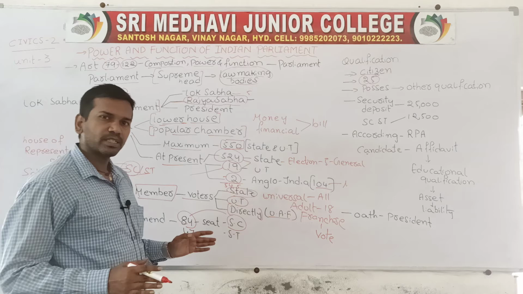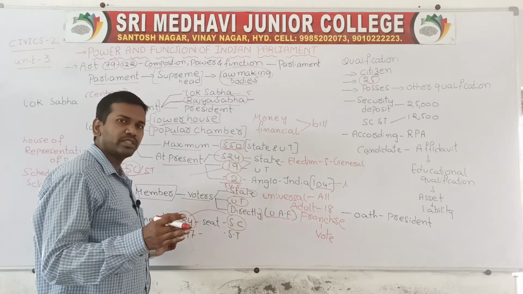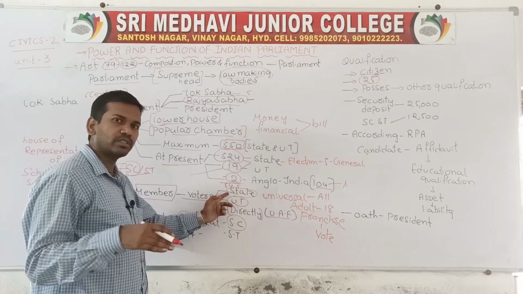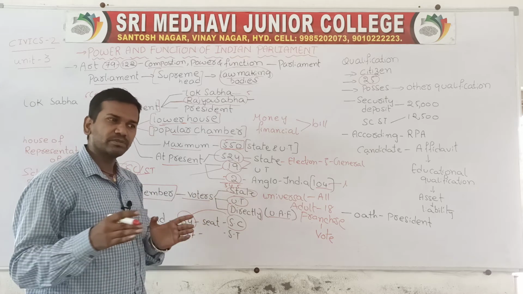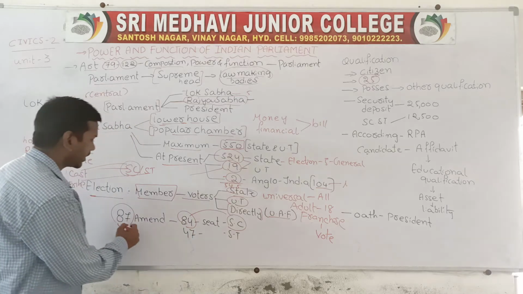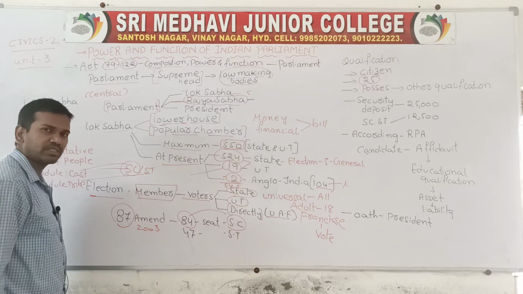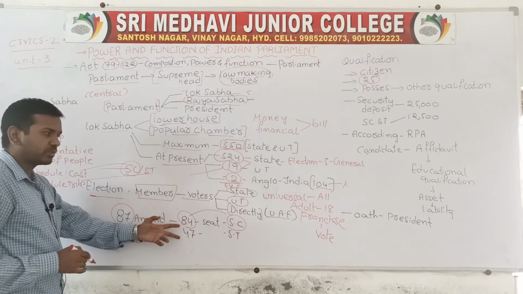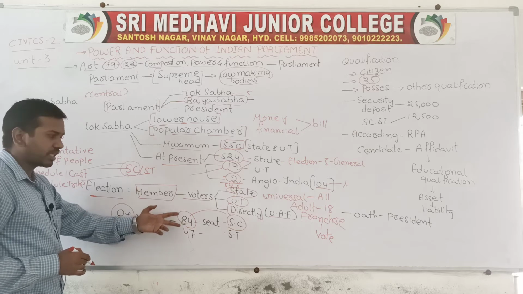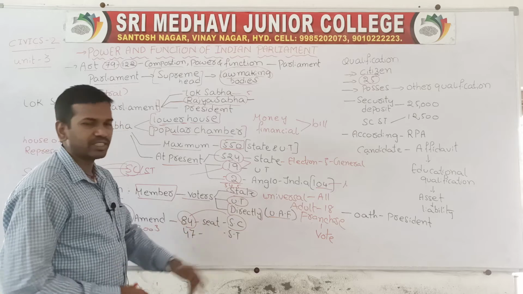Whenever the Lok Sabha seats are reserved, according to the 87th Amendment Act, some seats should be reserved. Out of 545 seats, not all the seats will be given to all the people. In that 545 seats, some seats will be reserved for SC and ST caste according to the 87th Amendment Act, which was amended in 2003. According to this Act, 84 seats should be reserved for SC and 47 seats should be reserved for ST caste.